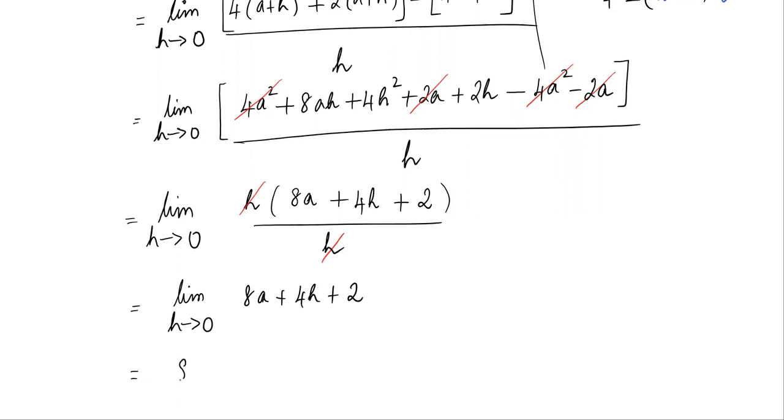So you simply have 8a plus 2 upon plugging in h as 0. So this is your derivative. And notice that this is a derivative when x is a. So you are free to give any specific value for a to find that corresponding derivative. Okay, so that is the slope of the tangent line at that point on the curve.